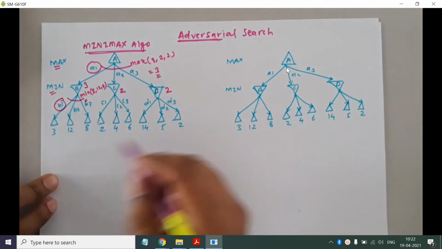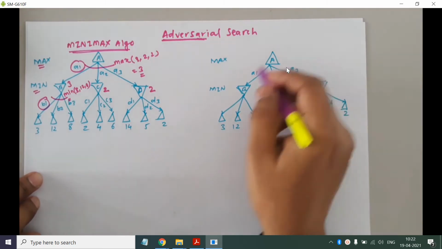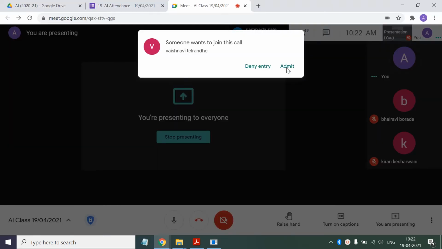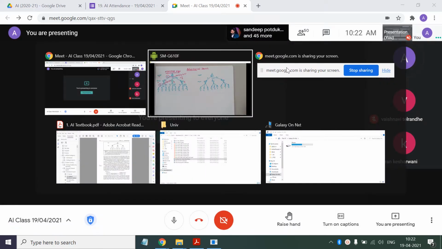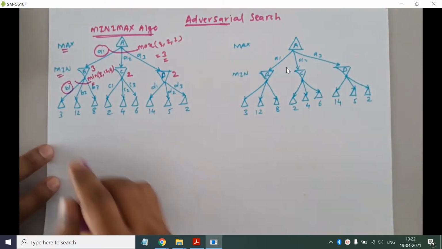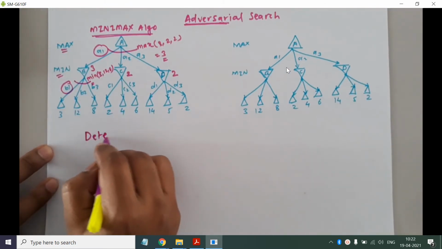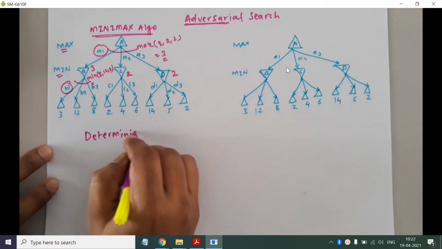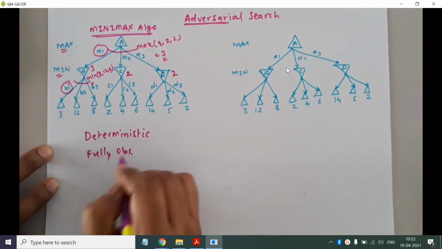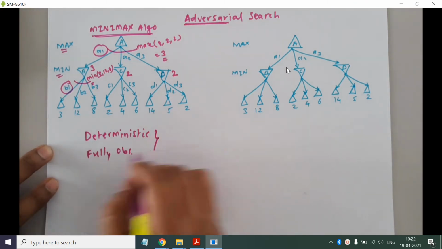And I forgot to talk about this tree. This is a ply game. Here we have made another assumption that we'll be focusing on only deterministic and fully observable systems. We are focusing on this type of environment only.